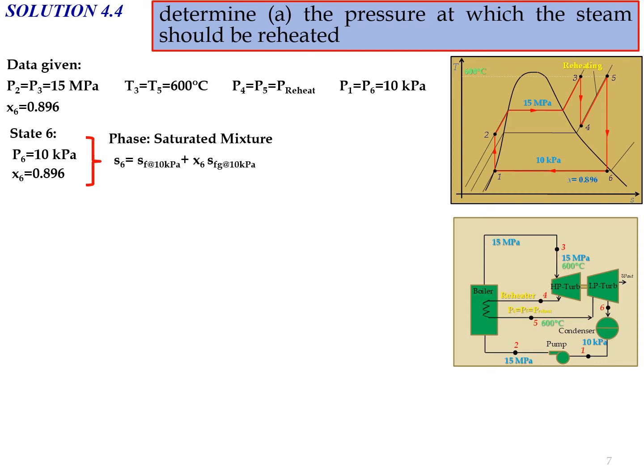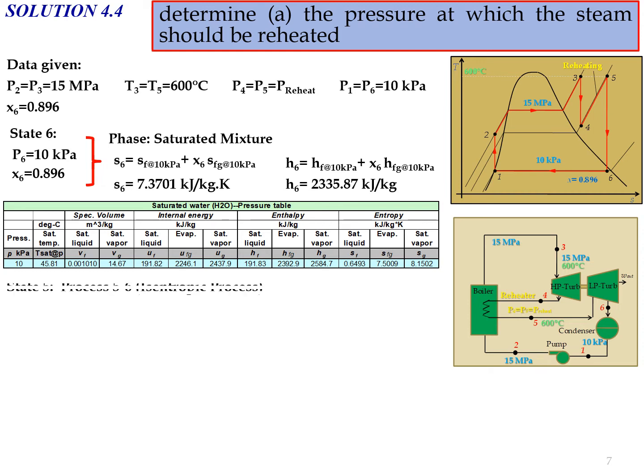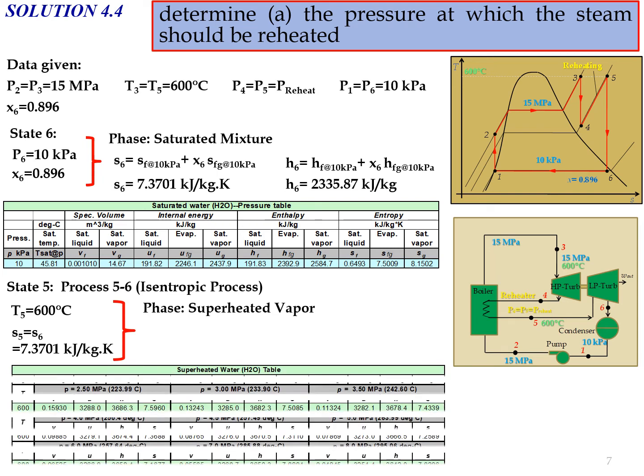From this equation and the saturated water pressure table, we can calculate the entropy and enthalpy at state 6. From these two, we can find state 5. Since the entropy of state 6 is equal to the entropy at state 5, and state 5 is in the superheated region, the phase of state 5 is superheated vapor.